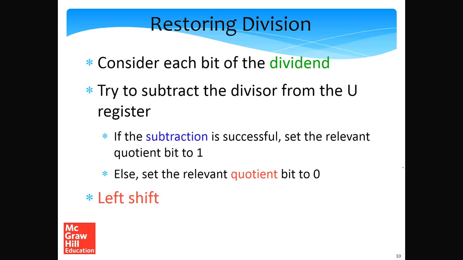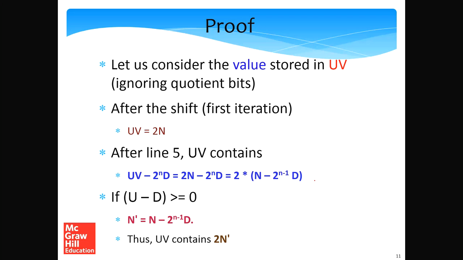Alright, so this is a textual description of our algorithm. We considered each bit of the dividend. We try to subtract the divisor from the U register. If the subtraction is successful, we set the relevant quotient bit to 1, otherwise we set the relevant quotient bit to 0, and then we left shift.